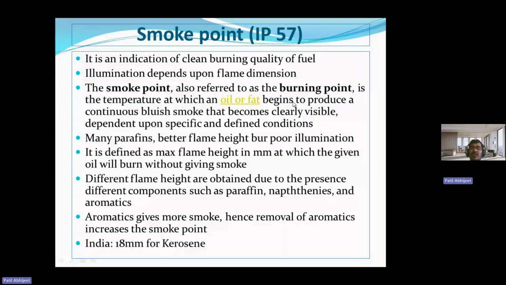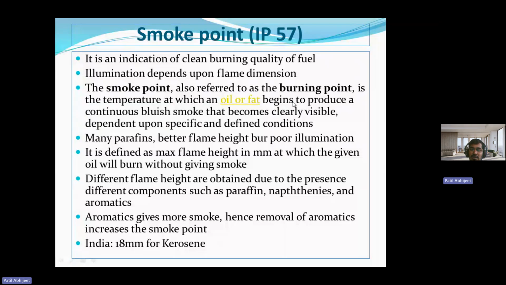In the apparatus, as in a jar, the oil is kept at the bottom and forms a flame, and the height of the flame is measured in mm. It is the maximum flame height in mm at which the given oil will burn without giving any smoke.